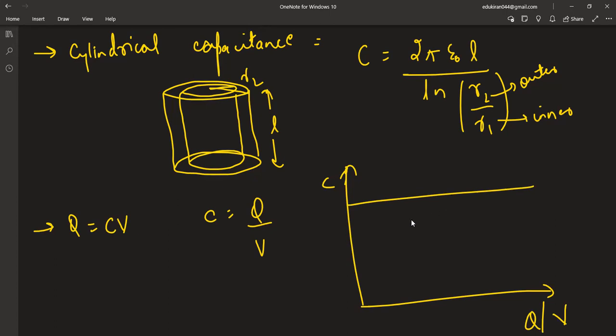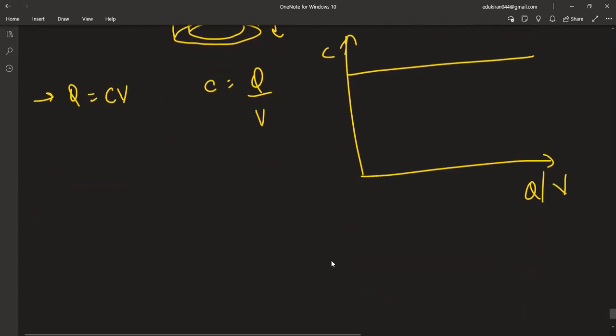Firstly, capacitance is independent of the charge. It does not depend on both the quantities. The reason is that when you substitute the values of potential, if you are having a point charge, what is the formula of potential?